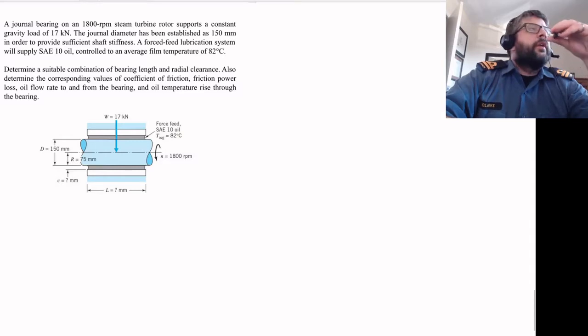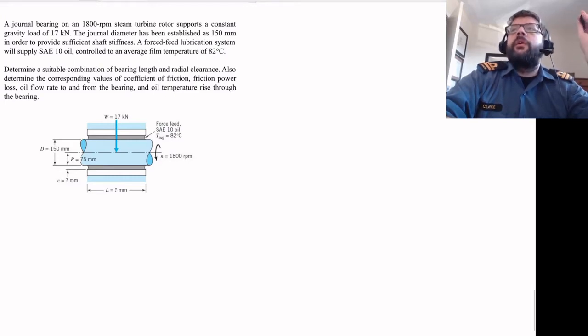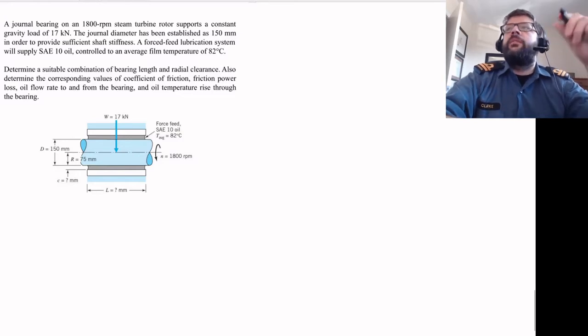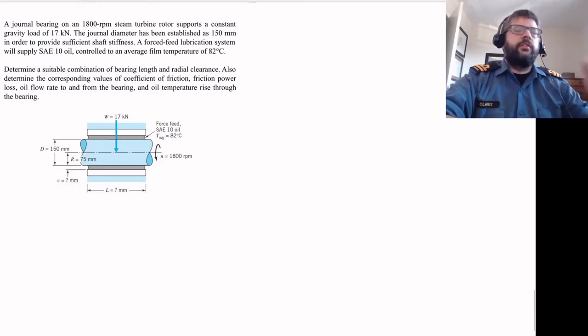They've already determined that they want to be working with a 150 millimeter diameter shaft, that they're going to be using SE10 oil, and working with an average film temperature of 82 degrees Celsius.